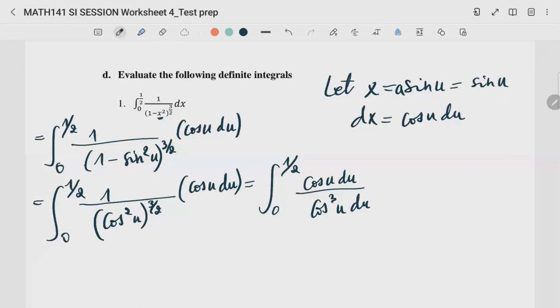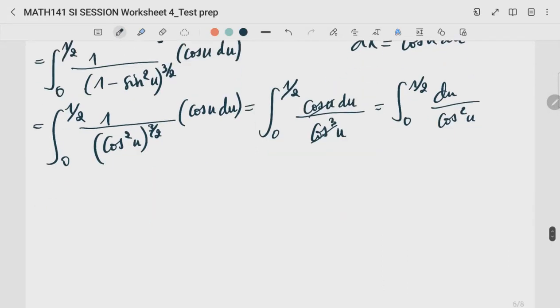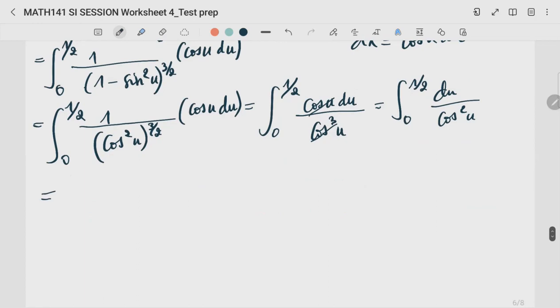You can simplify the cos there, and you have the integral from 0 to half of du over cos squared of u. Then this is equal to the integral from 0 to half of sec squared u du.